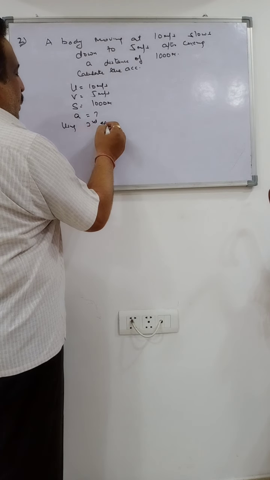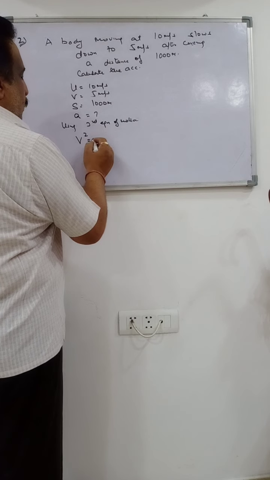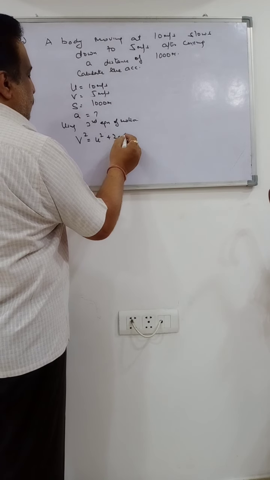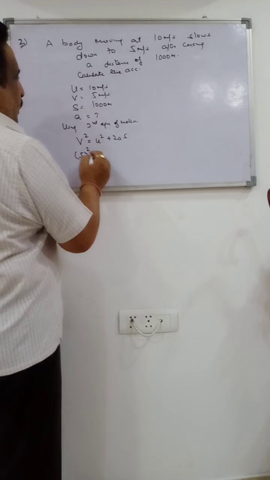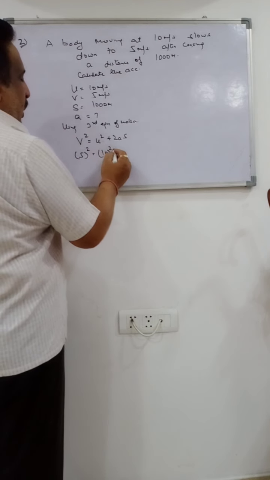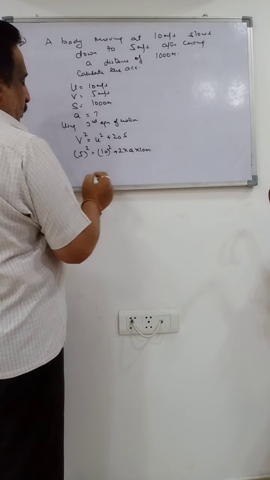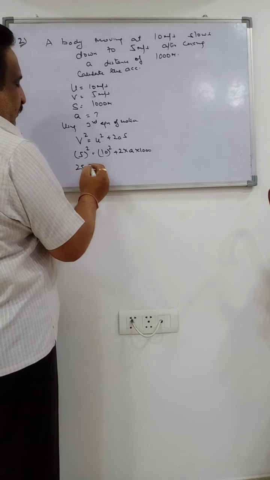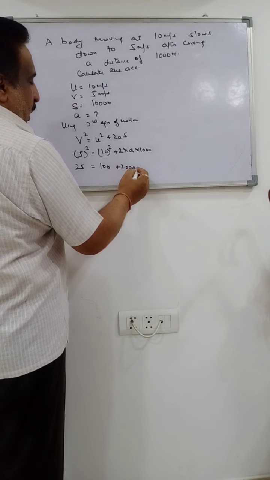Using the third equation of motion, v is given to you: 5 square is equal to u square, 10 square, plus 2 into a into 1000. So this is 25 is equal to 100 plus 2000a.